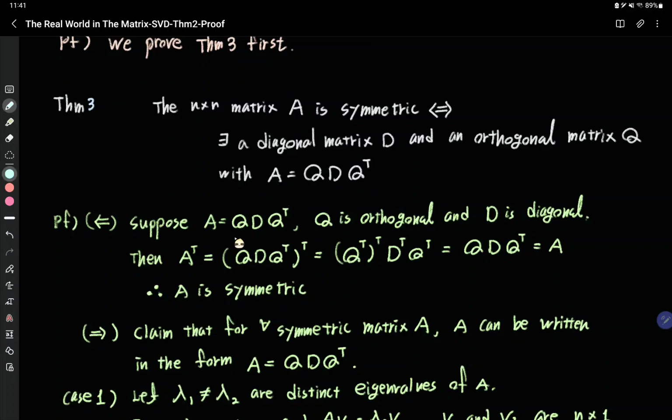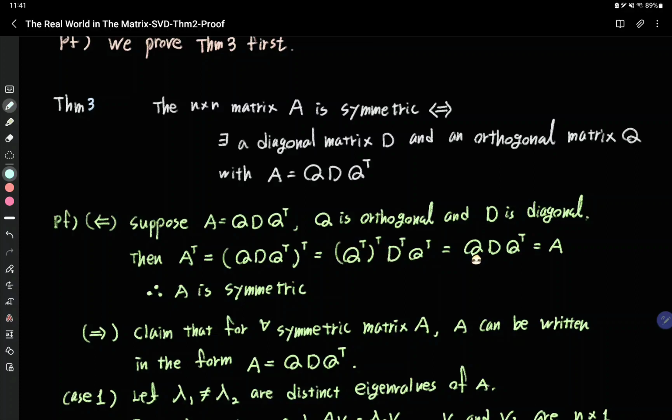Suppose A is QDQ transpose, Q is orthogonal, and D is a diagonal matrix. Then we take the transpose of that equation. So A transpose equals (QDQ transpose) transpose, and this is going to be Q transpose transpose, D transpose, and Q transpose. So the transposes just cancel out.